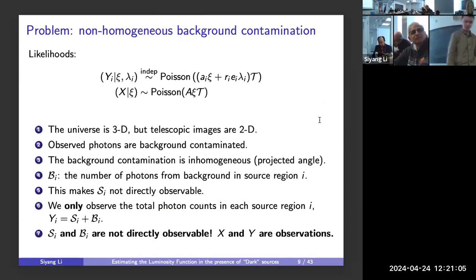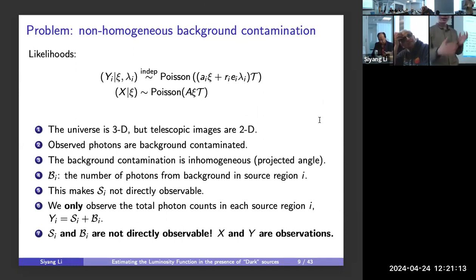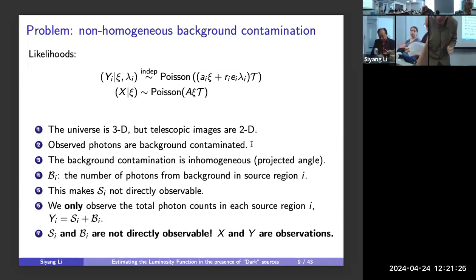Okay, so for the background contamination, this is because the universe is three-dimensional, but we can only take two-dimensional images of the universe. That's why there are always objects behind our objects of interest that can also emit X-ray photons, but we are not really interested in those X-ray photons. So the background contamination is almost everywhere, all the time.